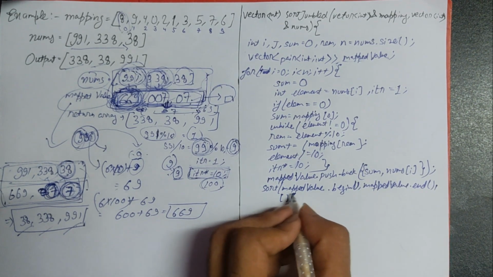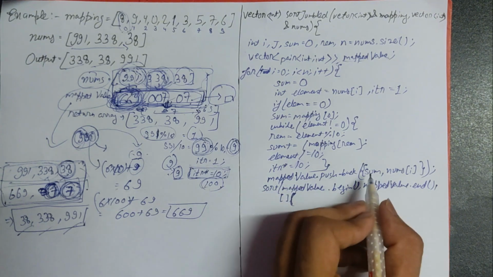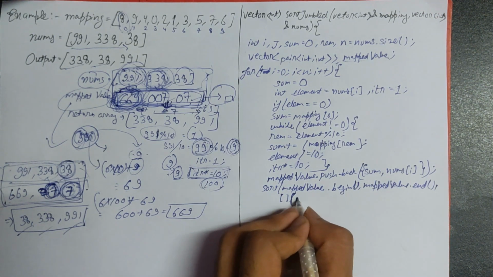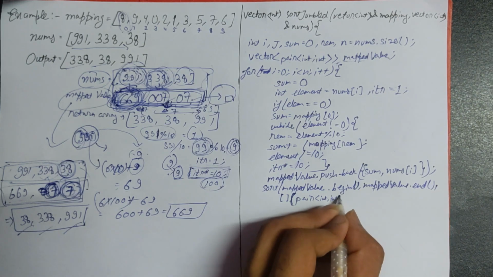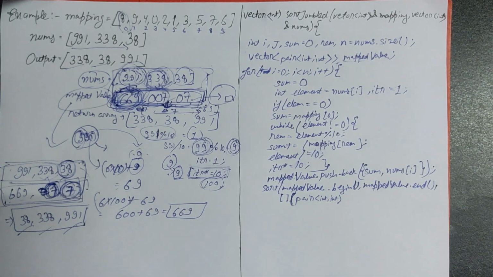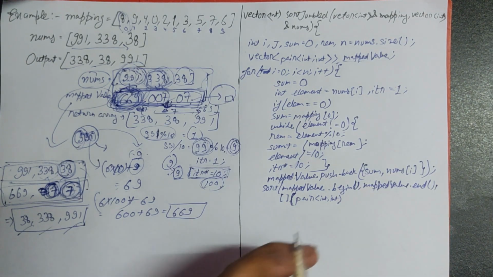The values in the mapped value vector are in the form of pairs, so we are converting the pairs of integers. So pair int comma int, let's name first as A and second as B.